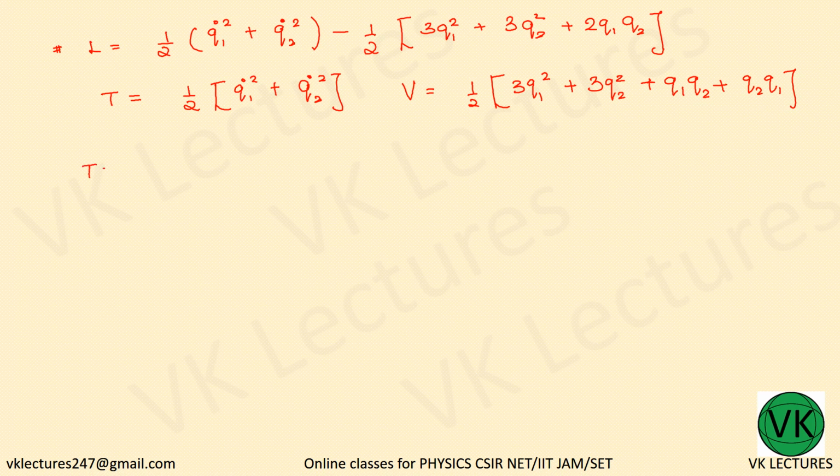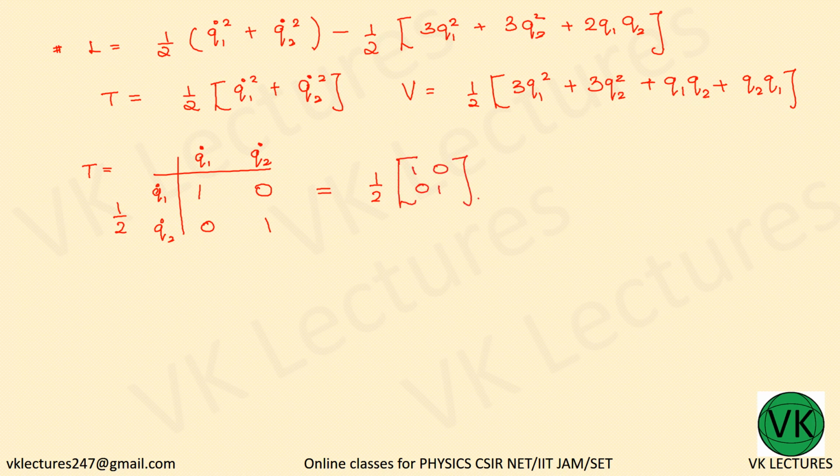Now T is equal to, so here we have q1 dot, q2 dot, q1 dot, q2 dot, with half already outside. Let's write 1 0 0 1, because there is no q1 dot q2 dot term. So this is the kinetic energy, half times 1 0 0 1.